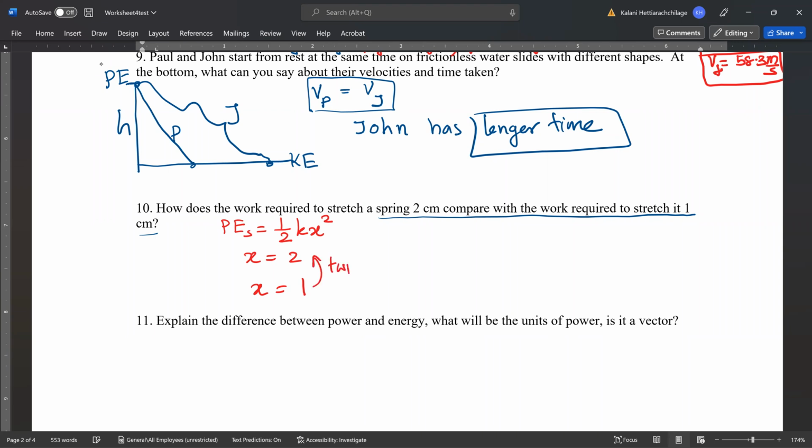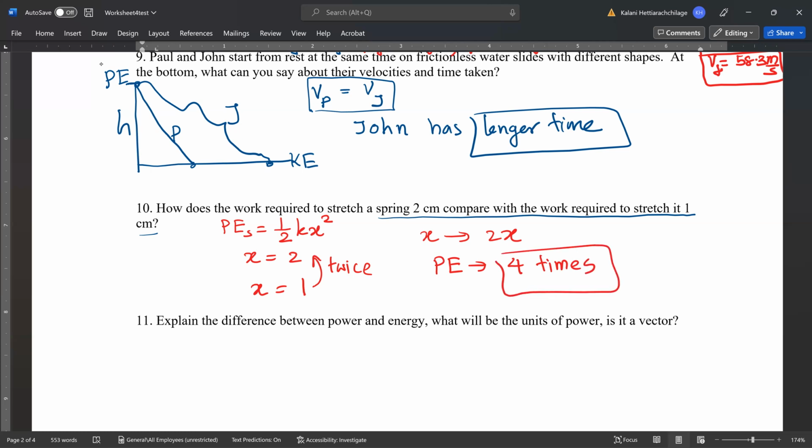Okay, so now when you stretch twice, that means this potential energy, x is changed into 2 times x. That means potential energy is going to be 4 times of earlier.